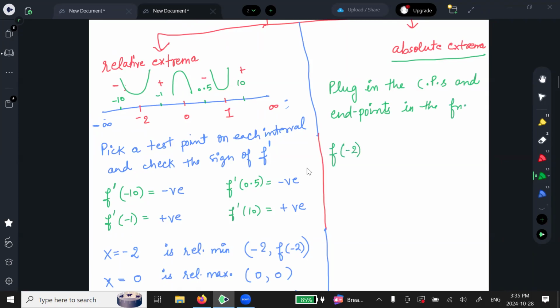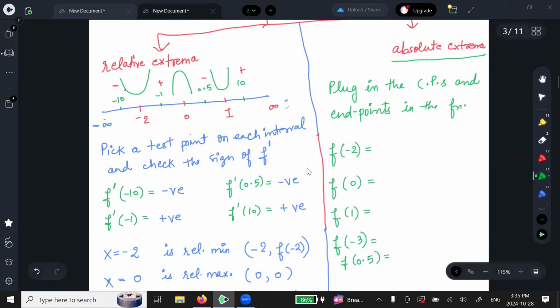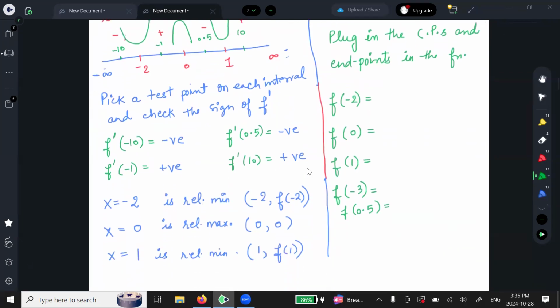I had 3 critical points, -2, 0, 1, and the endpoints were -3 and 0.5. And tell me what you get. In the original function, f means the original function. Well, whichever is the max will give you the absolute max, whichever is the min.